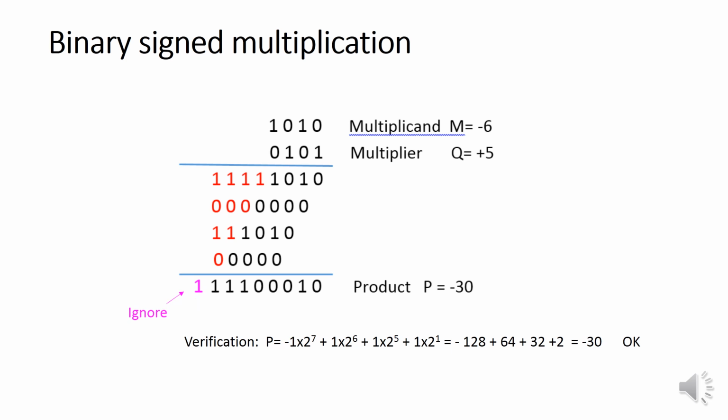This is the normal practice because these bits do not participate. The number remains the same without it. This is the verification of the multiplication result. The result is minus 30, so the result is correct.